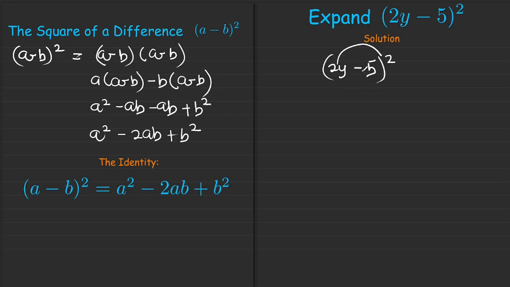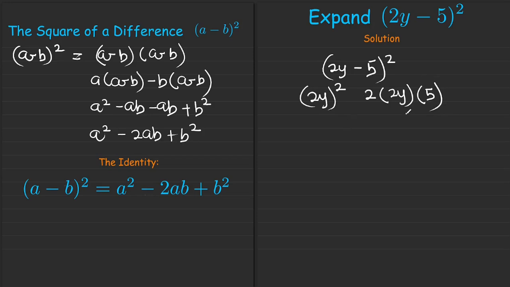So first term squared, that is 2y all squared. Then you have your 2 multiplying your 2y, and then also multiplying your negative 5. Now, because it's negative, we can choose to write the 5, then bring the negative right in front here.